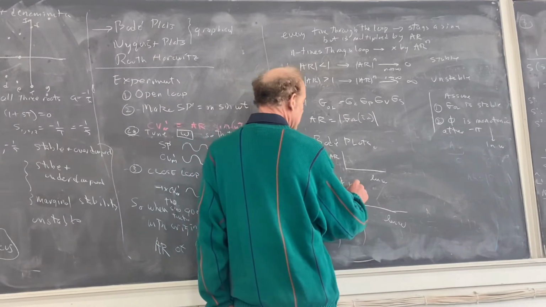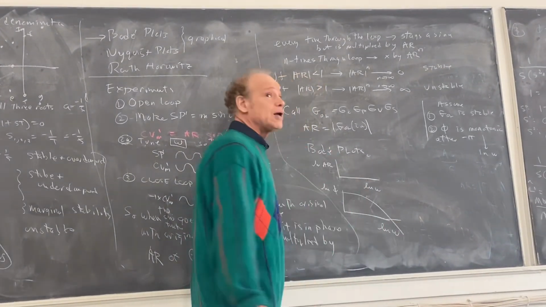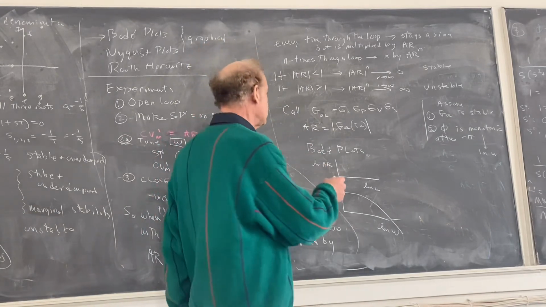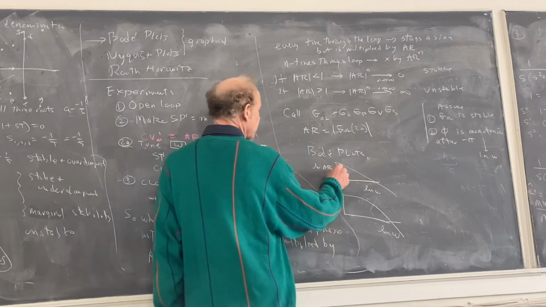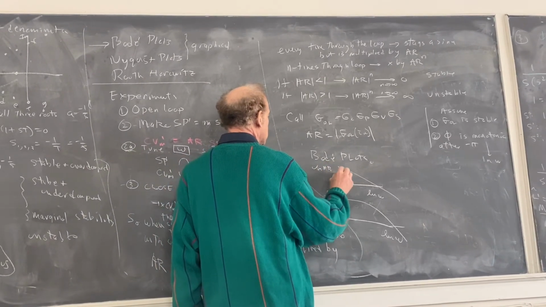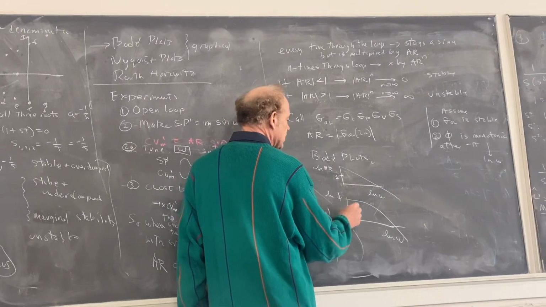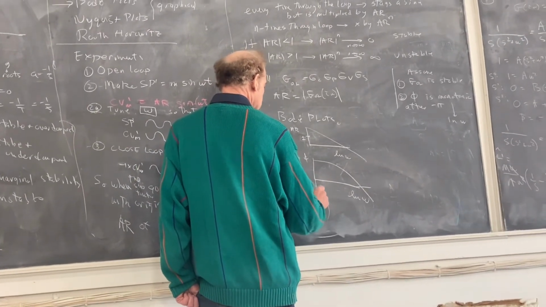If you remember, some of the curves look something like this. And we'll go into some detail there. Let's say the curves look something like this. If this value is 1 here, and let's say this is, say, minus pi.